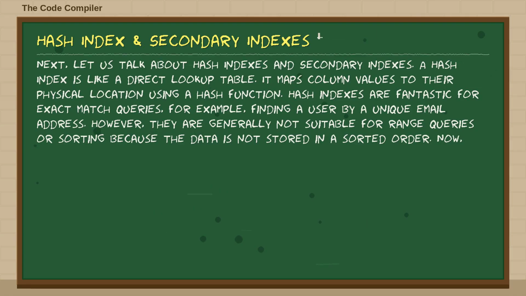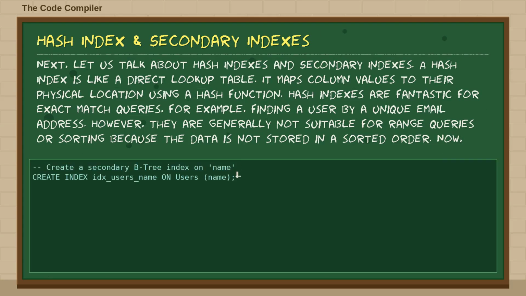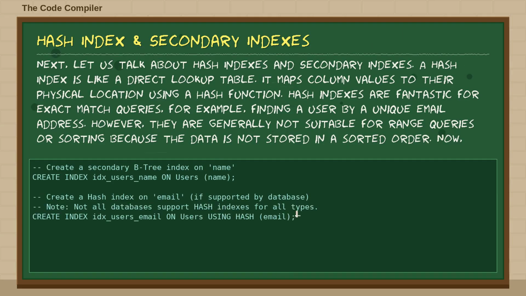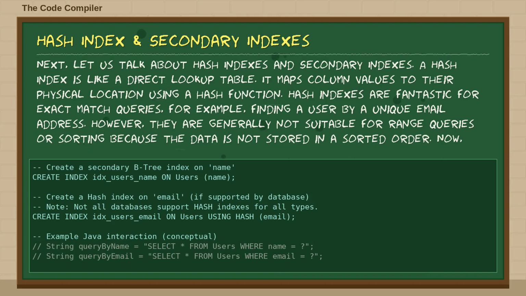While a primary index is usually on your primary key, a secondary index can be created on any other column that you frequently use in your where clauses. For instance, if your Java application often searches for users by their name or city, creating a secondary index on these columns can significantly improve query performance, even if they are not unique. It is like having multiple ways to quickly find information in your library.